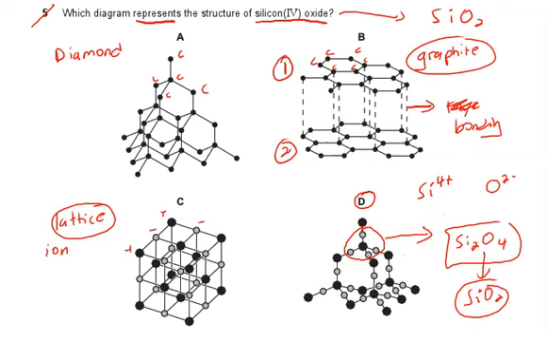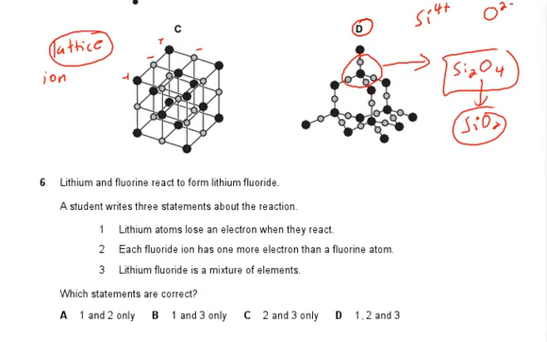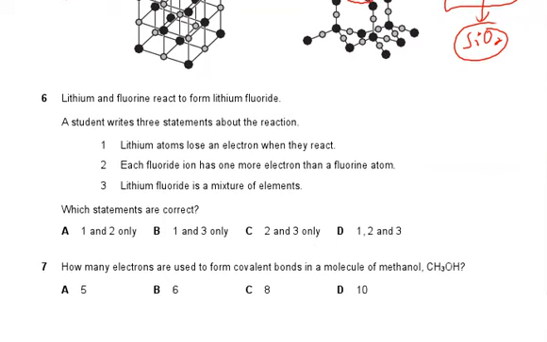Okay, now let us look at question number 6. Lithium and fluorine react to form lithium fluoride. Before we proceed, I just write it down here. This is group 1 and this is group 17.